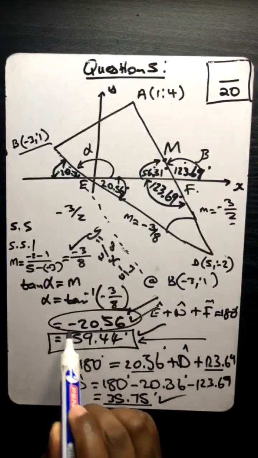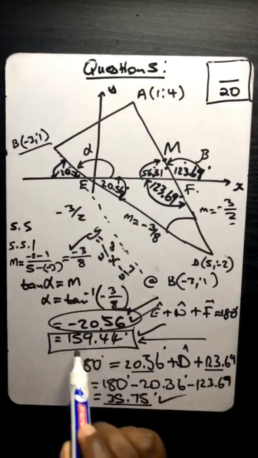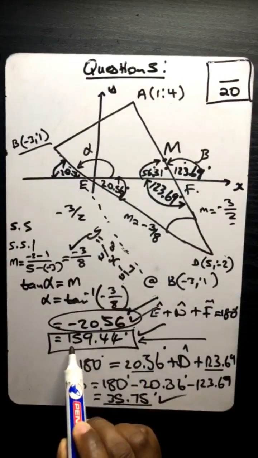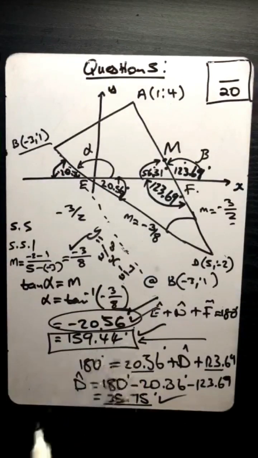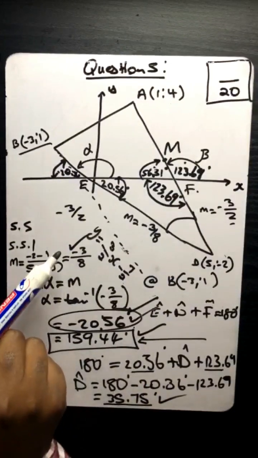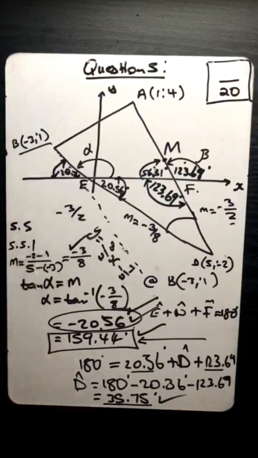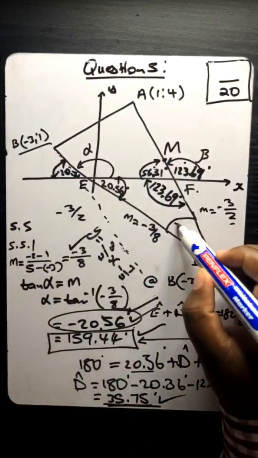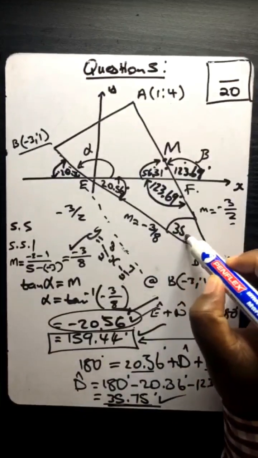Oh, yes, this one of 20 point something. You also have this angle. And then we also give you a mark there for the ground. If you manage to get all these three angles, then you give yourself full marks on that one.